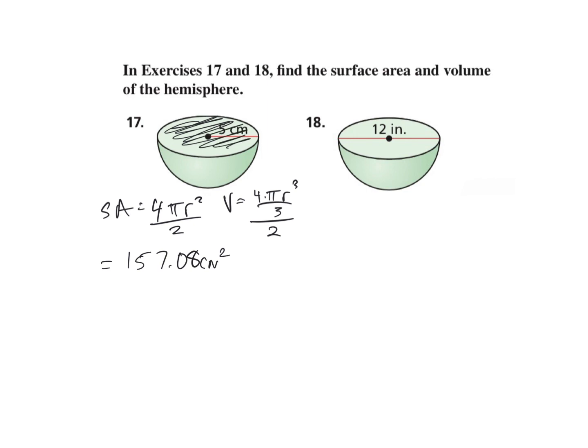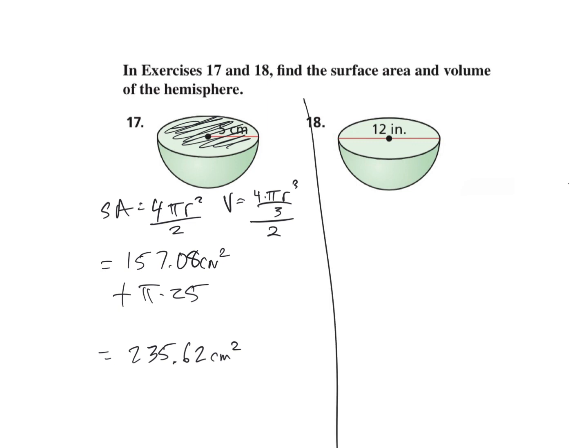So that flat part is just pi r squared. So we need to add pi times, again, 5 squared is 25. So 25 times pi, and we're going to add that to the 157.08. And we get 235.62 square centimeters.